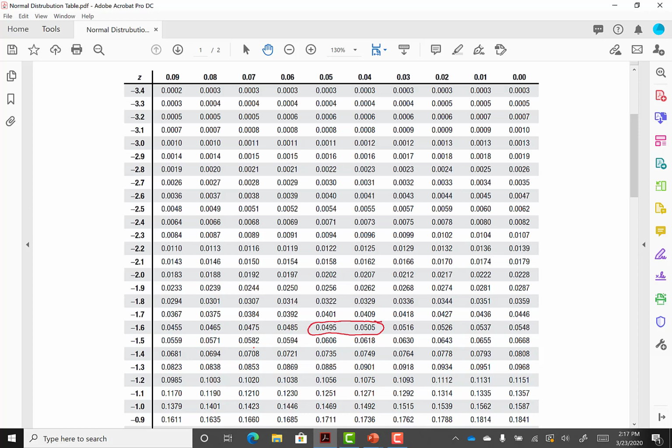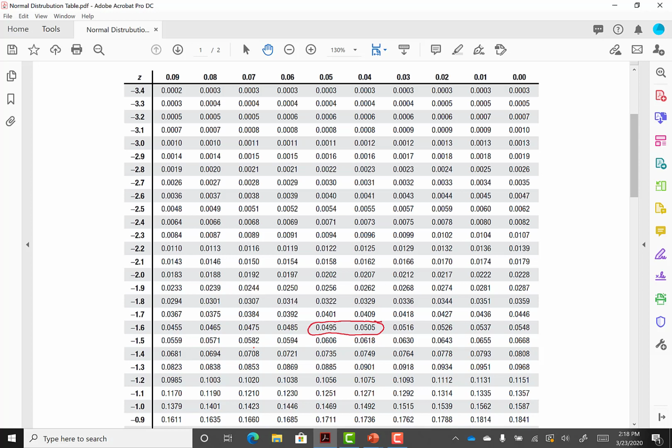So if we do what we did in the last example, so we take the difference between each of those values and 0.05, you're going to notice that they're equally the same distance apart. So both 0.0495 and 0.0505 are 5/10,000ths of a value away from 0.05.